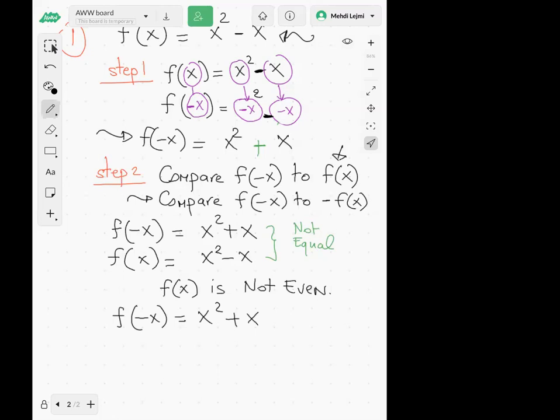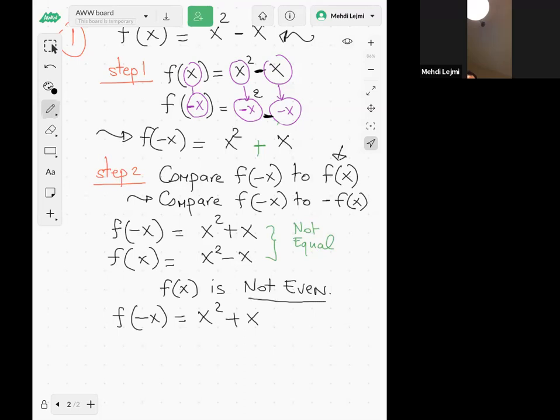But you just found out that it's not even. No, I said it's not even, but it doesn't mean it's not odd. Now I'm checking if the function f is odd. So I'm going to compare f of minus x to minus f of x.